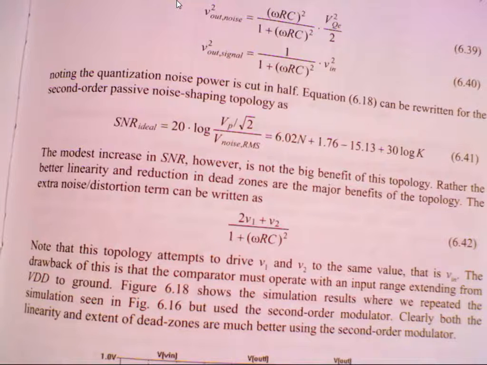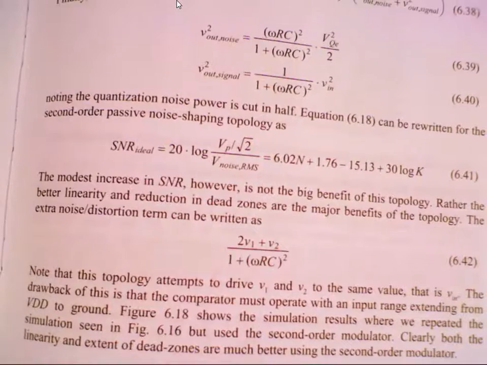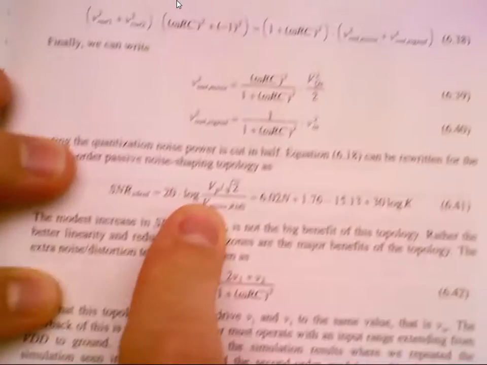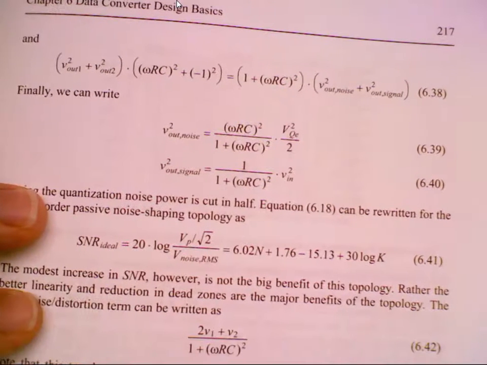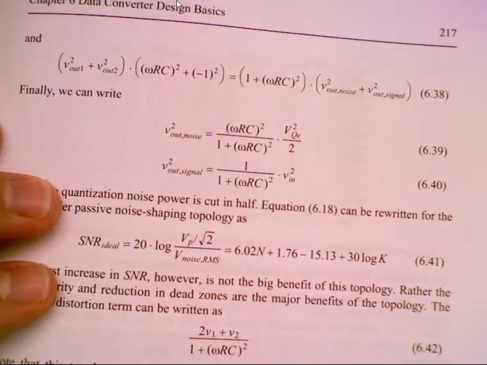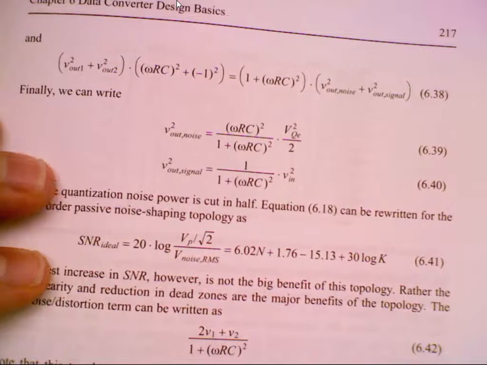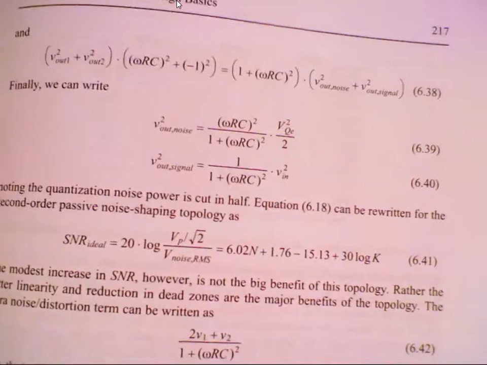Wait. That's not true for 1-bit ADCs. Oh, you mean for the VQE? Oh, that's just the assumption that's made. And the point is it just shapes the noise, so the magnitude of the noise will change.